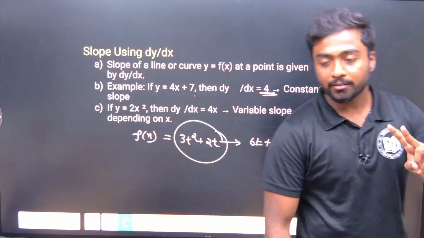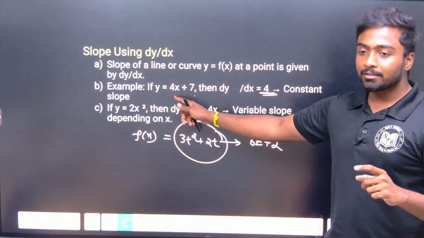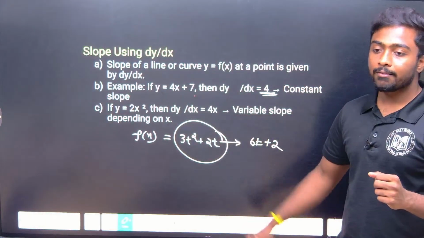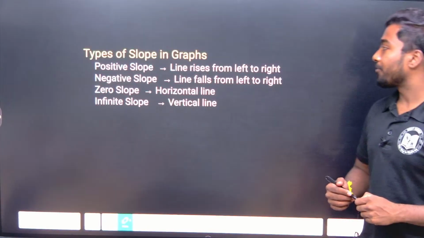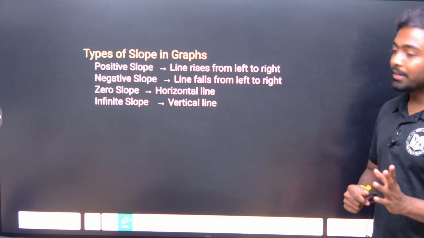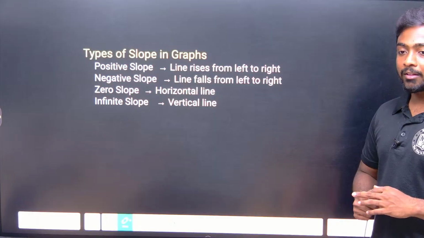So two cases, one case is constant, another case is variable. Now, types of slope in a graph. Positive slope: the line rises from left to right.